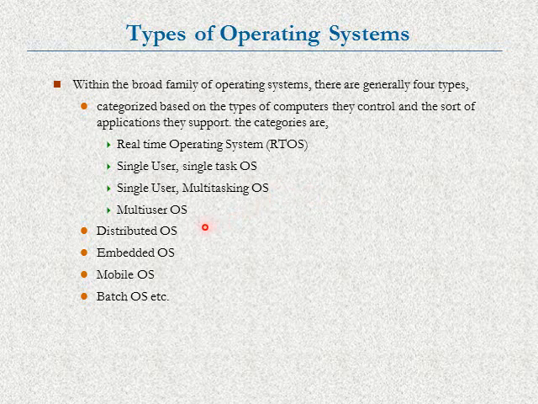Moving on, we had the multi-user operating system, where multiple users work on the same machine. There is only some difference between these two, multitasking systems and multi-user systems. This will be more clear when we discuss processes in detail.